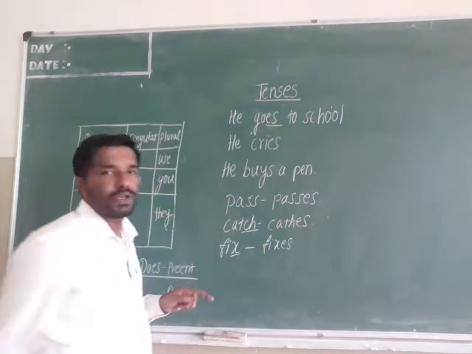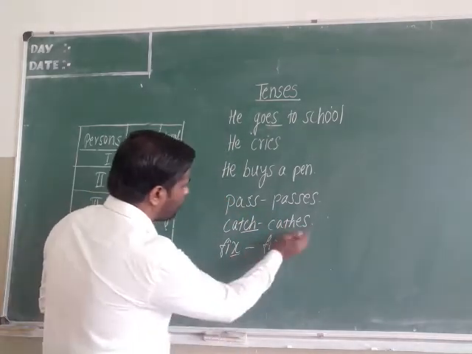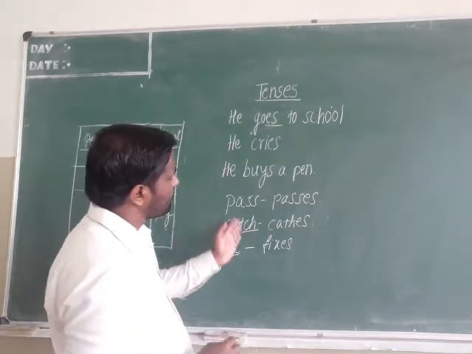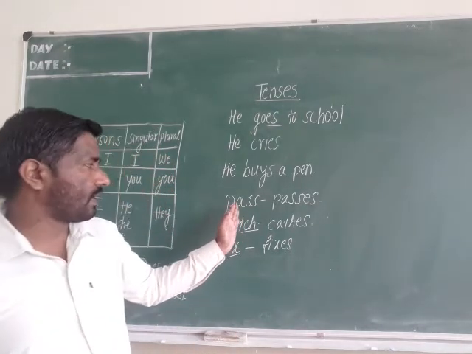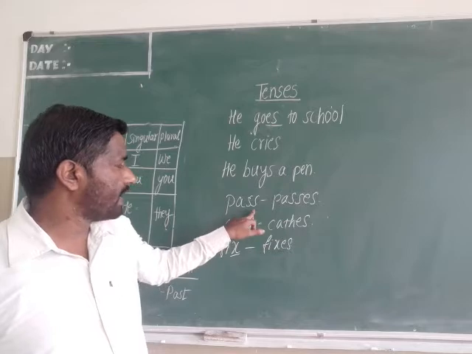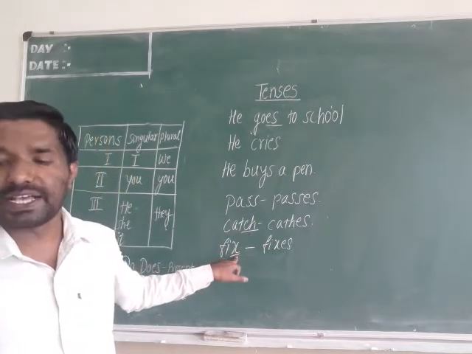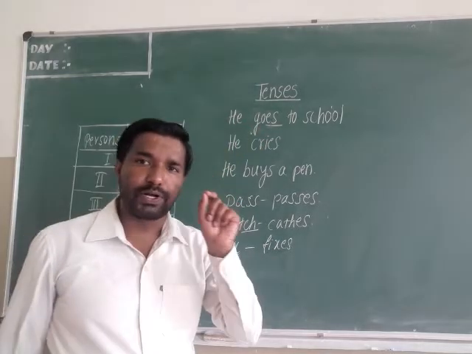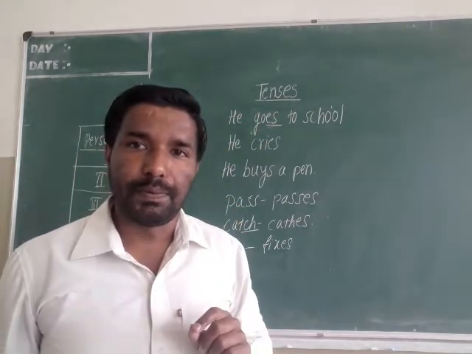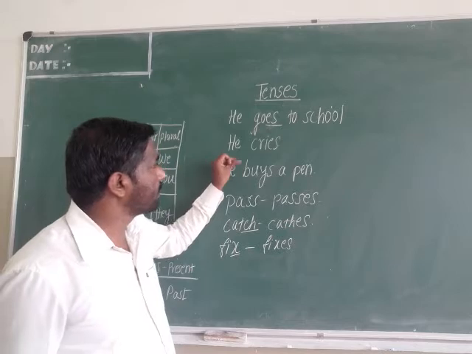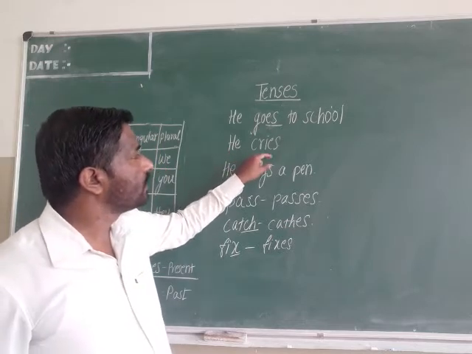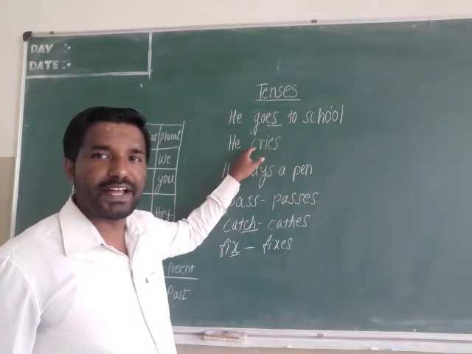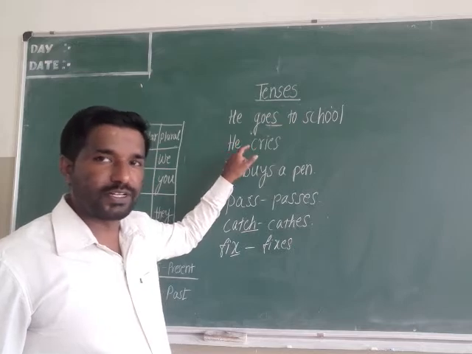Fixes. And like this, when the words end with double S, CH, X and O, you have to add what? ES for the verb.